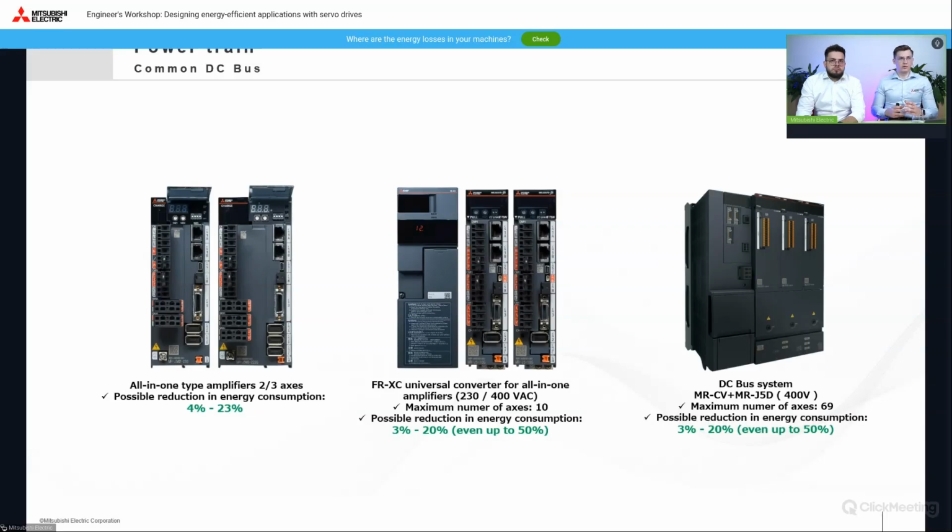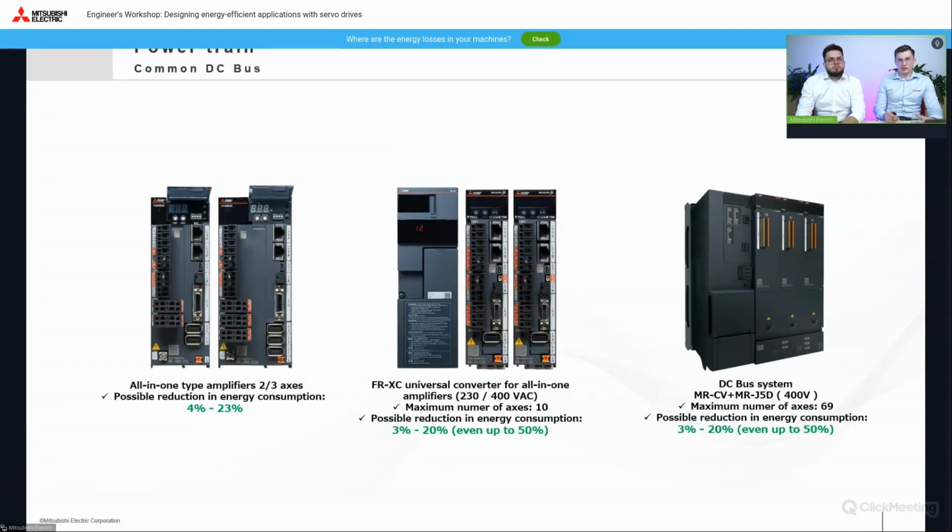And the third group of DC bus system is the typical DC bus solution that probably a lot of you already know. In this system, a maximum of 69 axes can be connected to a single converter with a 3-phase 400 volt power supply, with possible savings of 3 to 20%, as with the FRXC, but in some cases even more, up to 50%, as we will show in a moment.